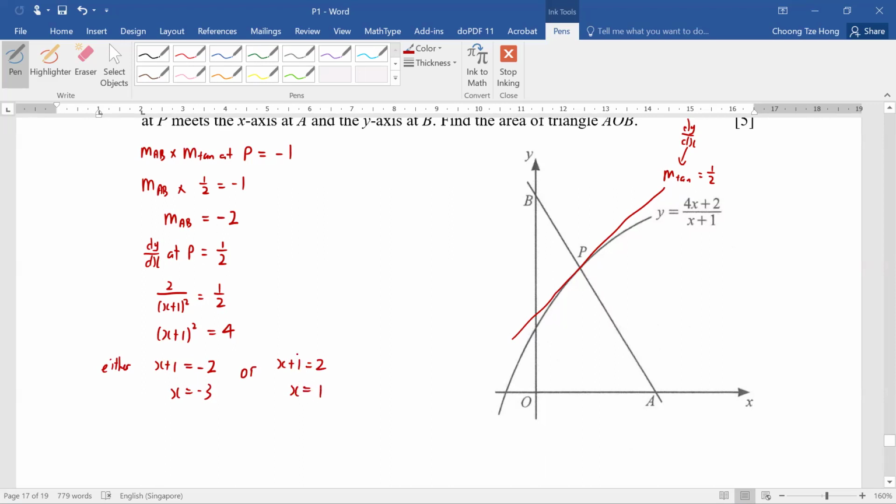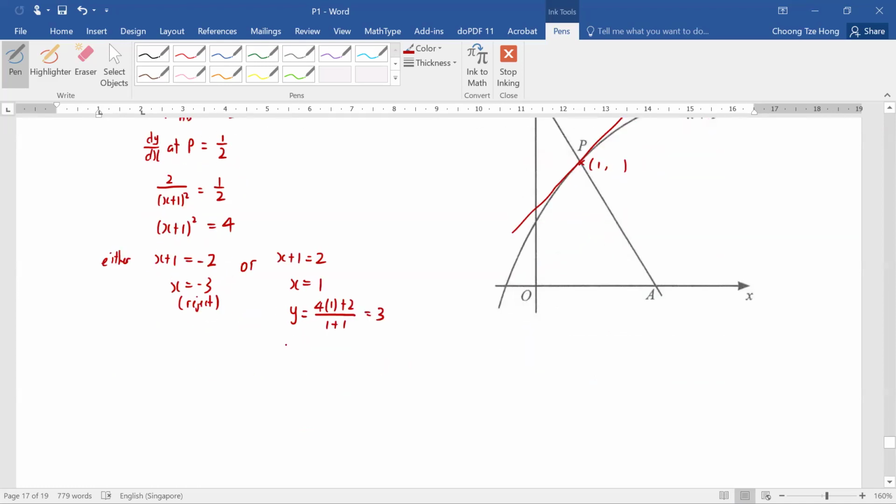Okay, so if you can see from this question, the x coordinate of P should be 1 because P is on the positive side of the x-axis, right? So in other words, we will reject this answer, and then we will take x equals 1. Okay, so when x is equal to 1, sub this inside the equation of the curve. So 4 times 1 plus 2 over 1 plus 1. So you get 6 over 2, so you actually get y equals 3. Okay, so in other words, we have found the coordinates of P to be (1, 3).